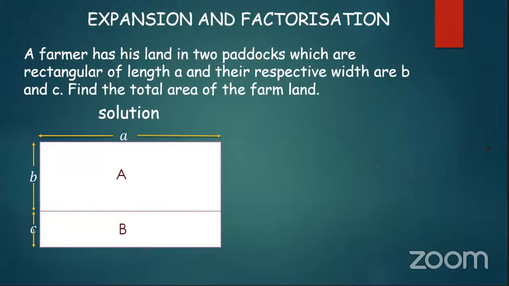Okay, give us the answer. We are going to say area equals length times width, and A times B. Area equals A times B, equals AB.